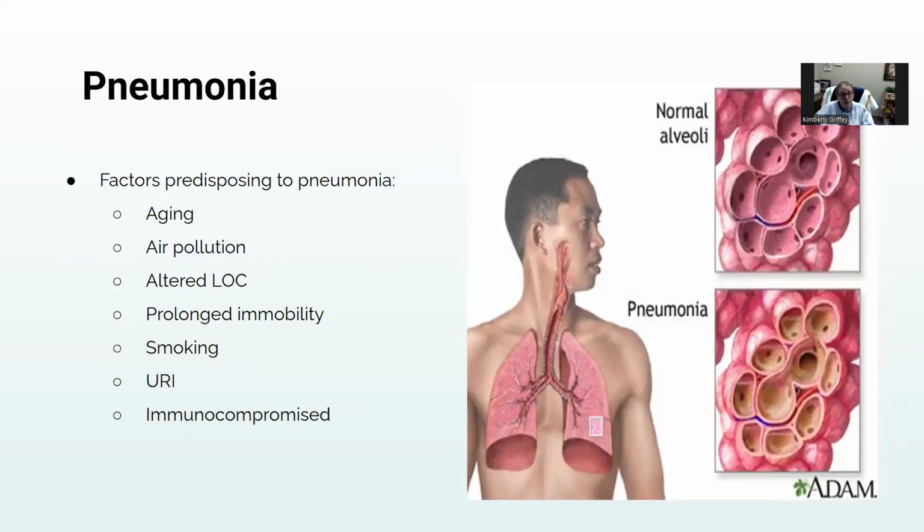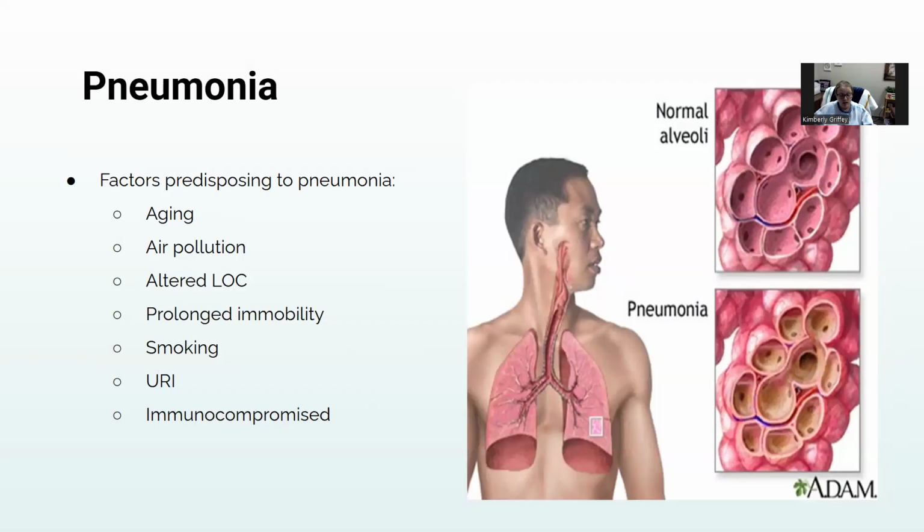You can have factors that predispose you to pneumonia, things like aging, air pollution, if you have an altered level of consciousness. So when you are unable to take those good deep breaths in and out, that can cause problems. Prolonged immobility. So if you're laying flat for long periods of time, your lungs aren't getting that good expansion, and then you're going to develop a pneumonia from that.